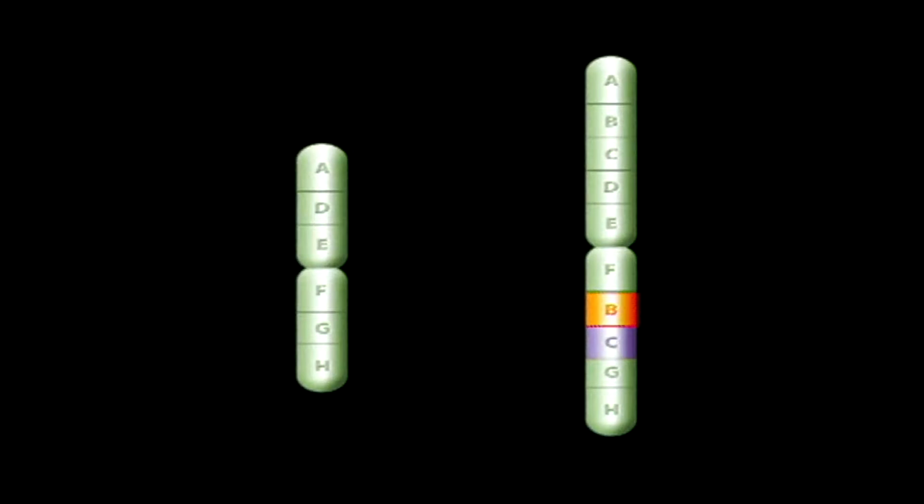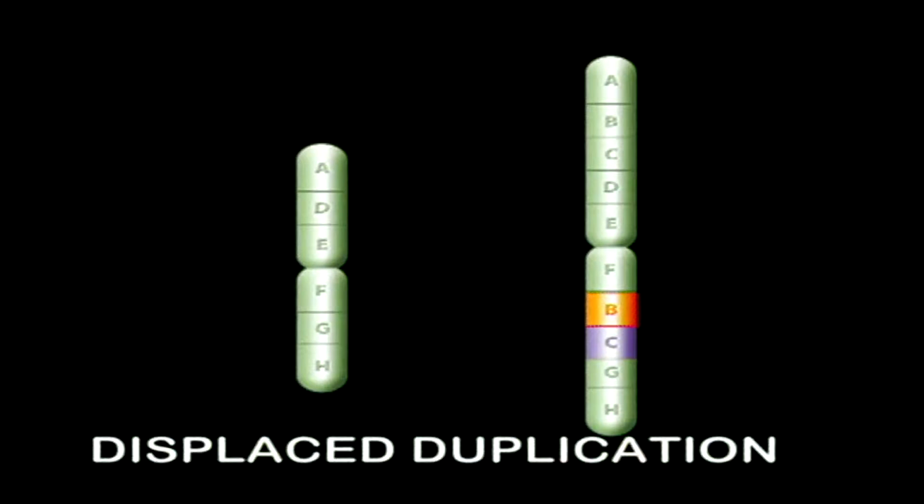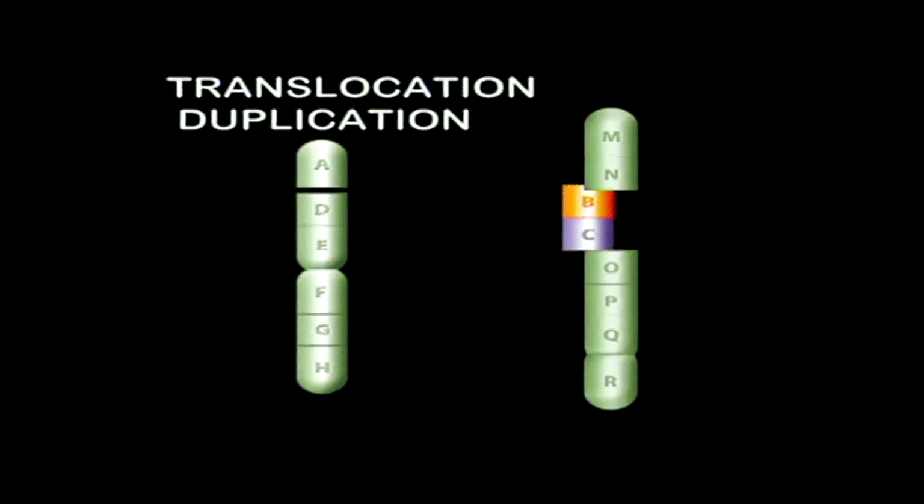In some cases, the extra segment may be located in the same chromosome, but away from the normal segment. Such cases are termed displaced duplications.